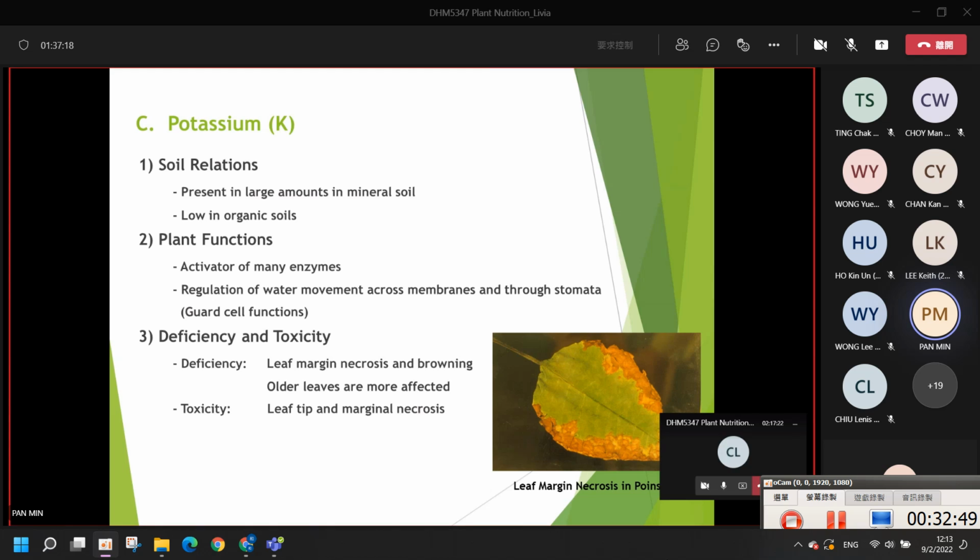Deficient plants may be more prone to frost damage and disease, and their symptoms can often be confused with wind scorch or drought.